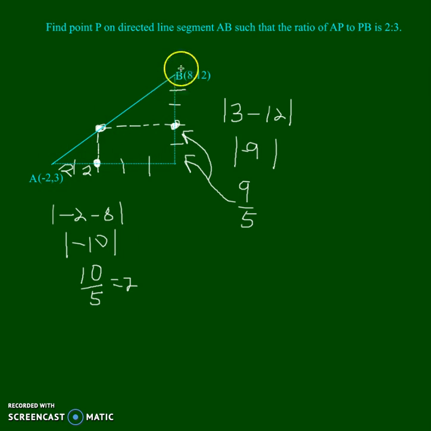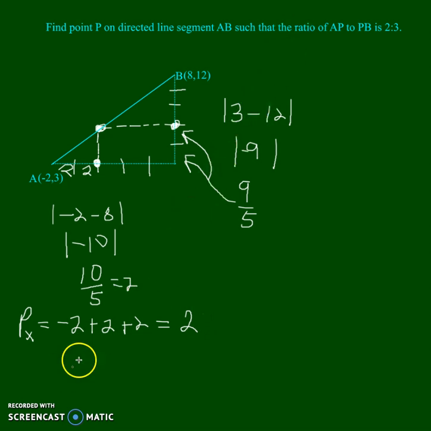We're going from A to B in this direction, so we start at that x coordinate. The x component of our point P is going to start at -2, and we're going to the right, so we're going to add 2, and then we're going to add another 2. So basically we're just adding 2 pieces. This gives us -2 plus 2 is 0 plus 2 is 2.